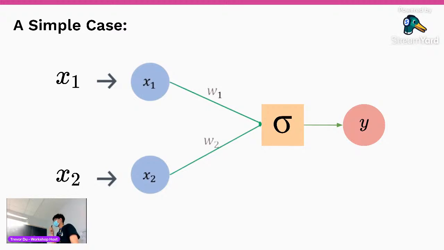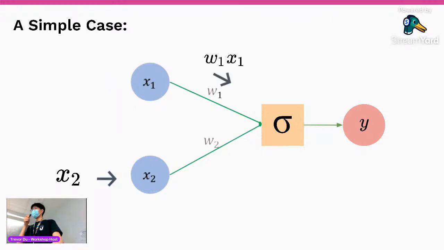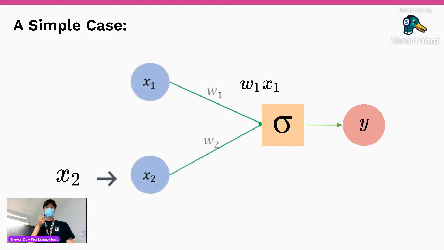Let's go through how the perceptron takes an input and transforms it to an output. So we have our input nodes that take x1 and x2, which are just two numbers. Let's go through the top half first before we tackle the bottom half. And w1 and w2 are also just numbers. Those are the weights. So what we do is we take the input x1 and we multiply it by the weight w1. You get that term, and we'll just leave it here right before the activation function for now.